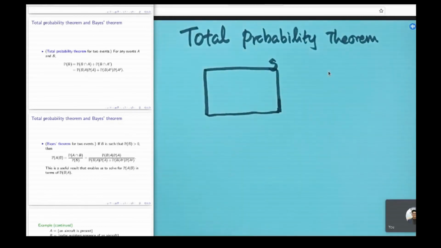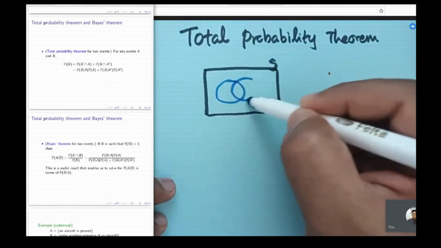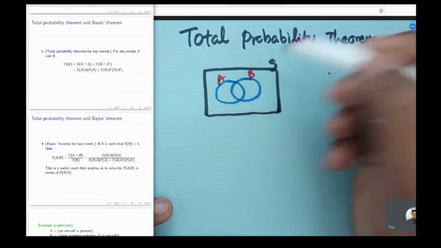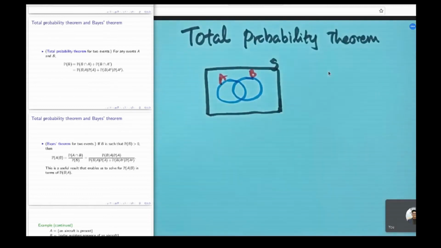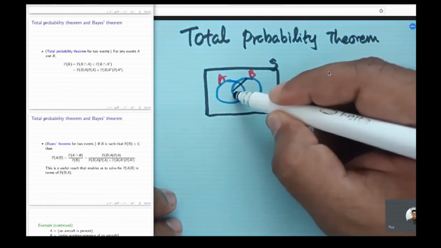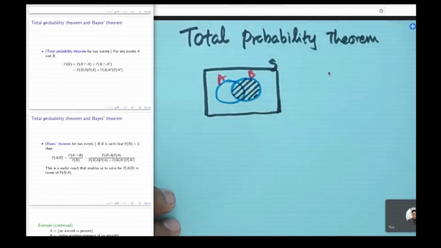Now, say that you have 2 events. The 2 events are A, B. So this is my A and this is my B. Now, say that I want to write an equation for the probability of B. So if you take a look at the probability of B, it should contain elements inside this.